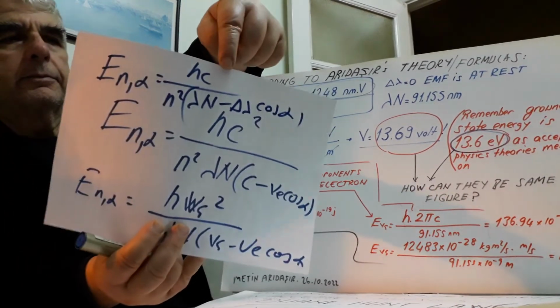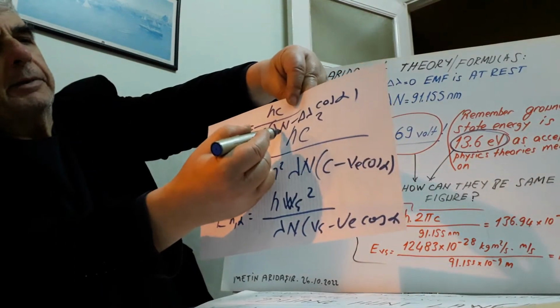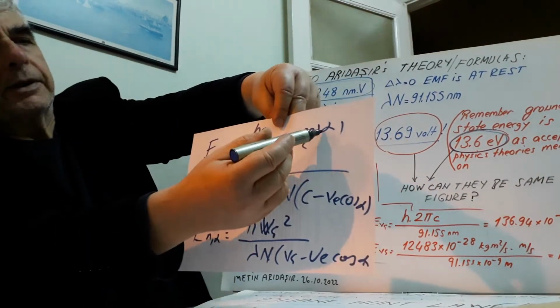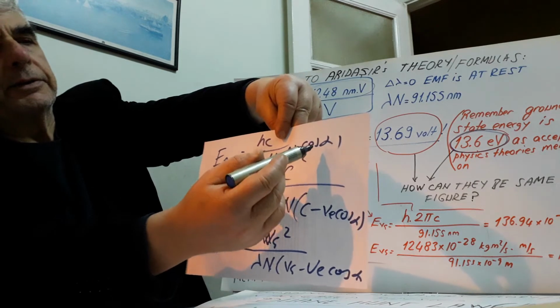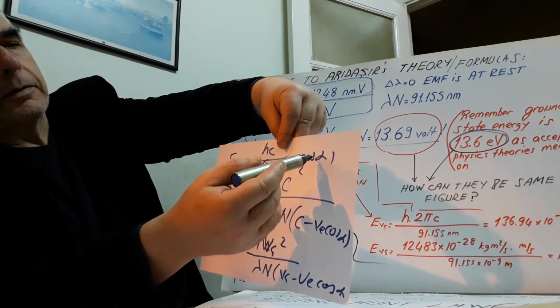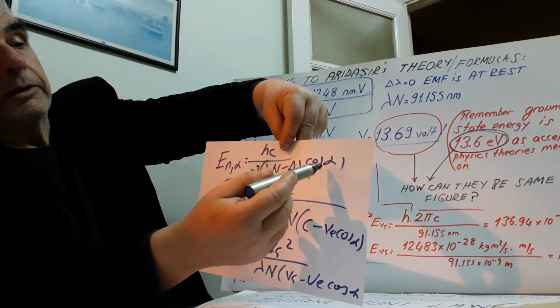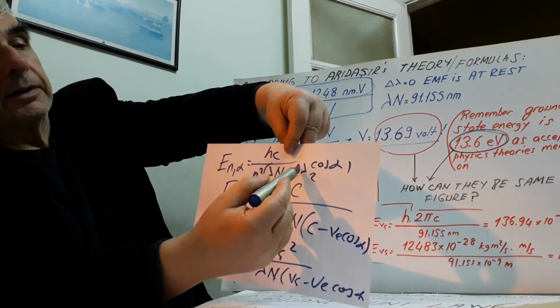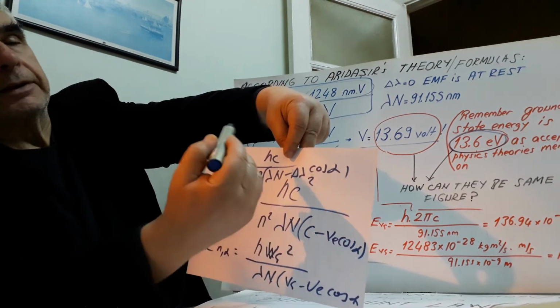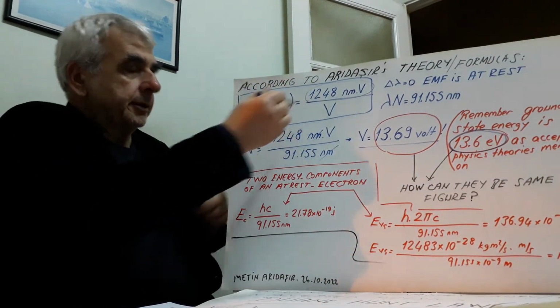Here, lambda n minus delta lambda cosine alpha. Cosine 0 degree is equal to 1, and delta lambda is equal to delta lambda only.